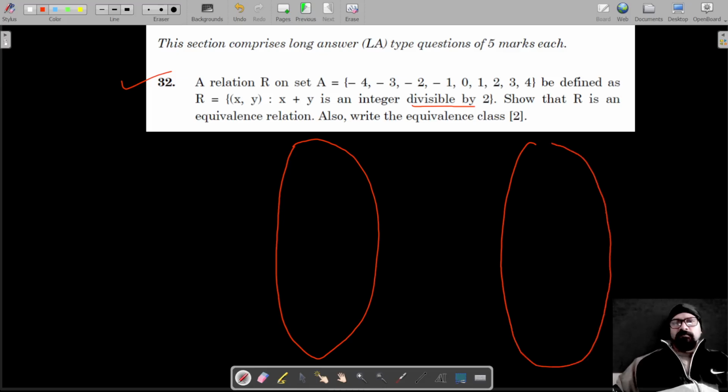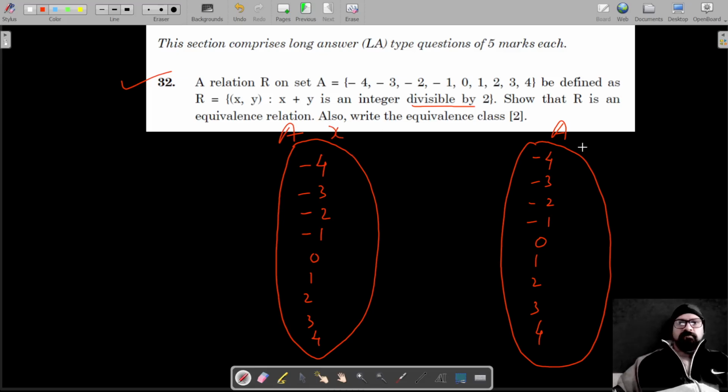This relation is defined from set A to A, and set A has elements -4, -3, -2, -1, 0, 1, 2, 3, 4. Similarly here, -4, -3, -2, -1, 0, 1, 2, 3, and 4. This is x and this is y, and the relation is defined as this.